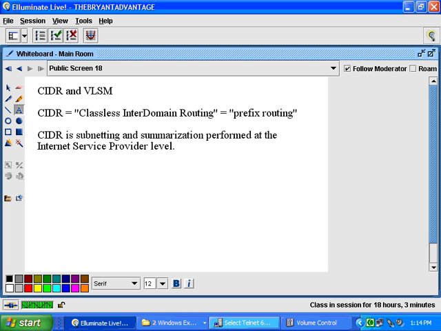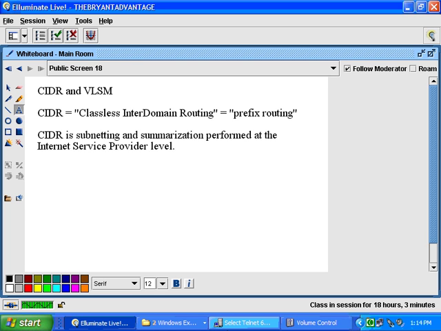When you're performing CIDR, what you're doing is working with route summarization, you're working with subnet masking, but that's all you're doing. It's developing a VLSM scheme and then coming up with ways to summarize it. Now, CIDR is obviously going to be a larger scale of subnetting and summarization, because you're doing it at the Internet Service Provider level.